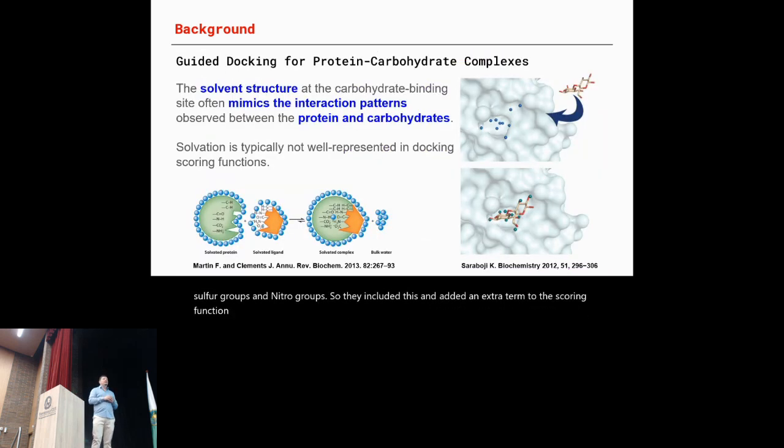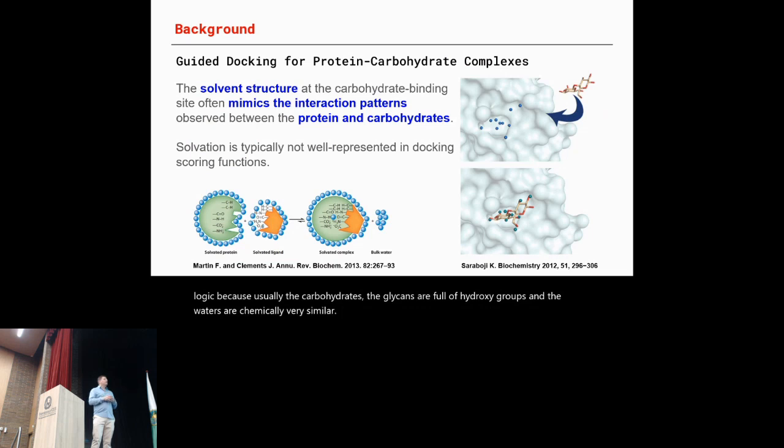Guide docking in carbohydrates is not something new. We did it in the past. We modified the scoring function using the idea that the water molecules in the carbohydrate binding site are mimicking the interactions of the carbohydrate in the complexes. That is logical because usually the glycans are full of hydroxyl groups and the waters are chemically very similar.